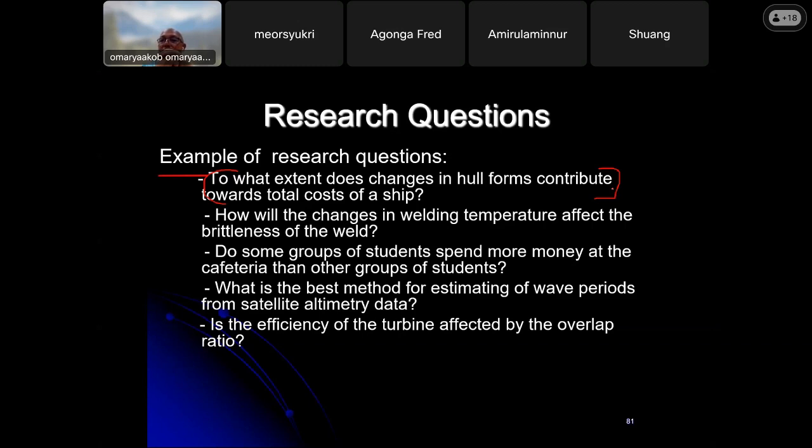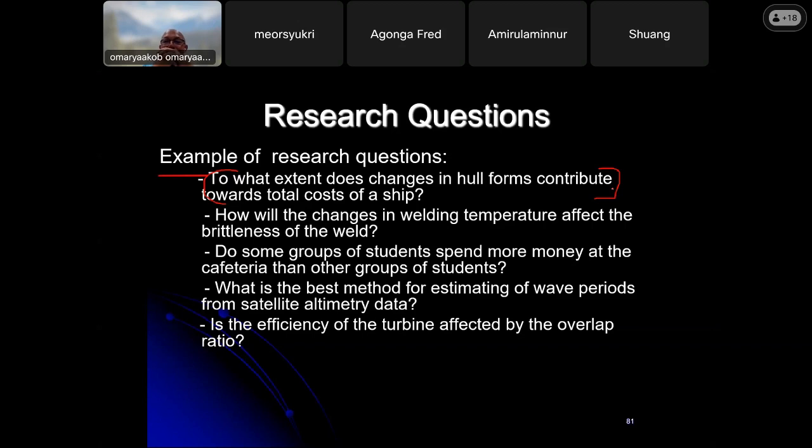No problem. Okay. So for the first one, I believe if we want to extract the objective, it will be to analyze the contribution made by changes in hull forms towards total cost of a ship. That can be an objective.